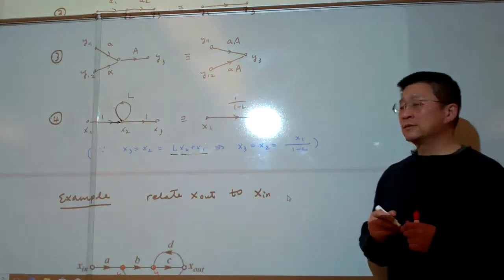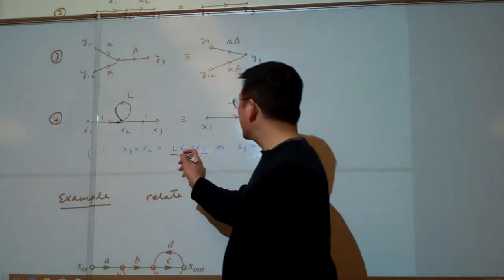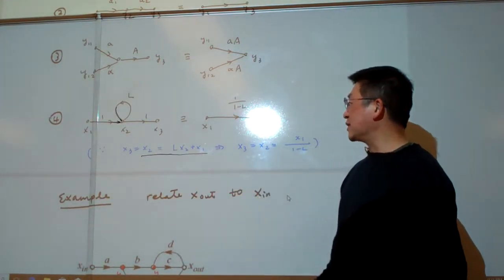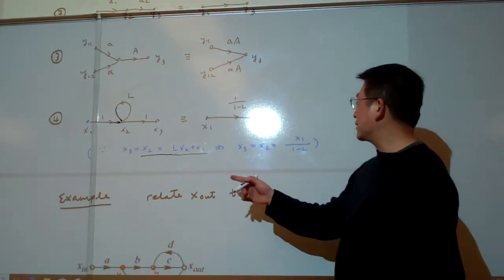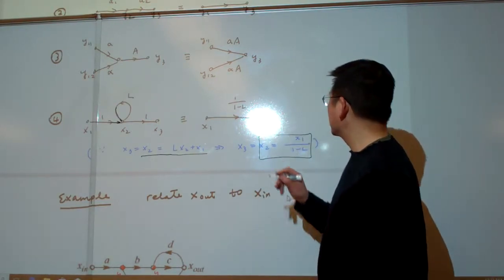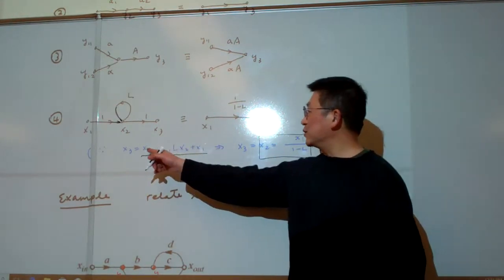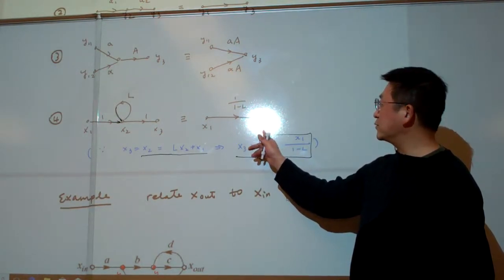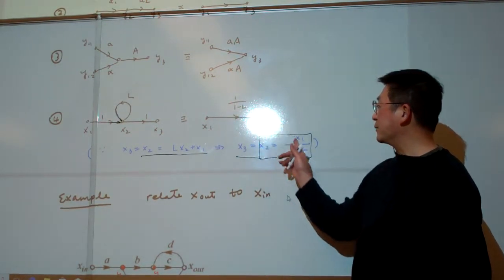Okay? So now with this one, we simply focus on this. So here we have X2 on both sides. We simplify. So that means from here, X2 will be equal to this information. And since X2 equals X3, we put this one here. So therefore, we have X3 to X1, we have this gain through here.